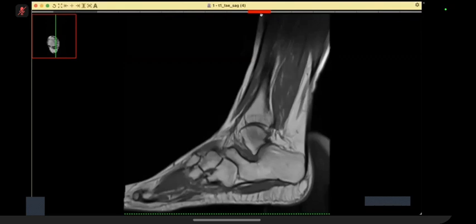You just look at the subarticular irregularity or sclerosis or any edema, depending on whether you are seeing a CT or an MR.